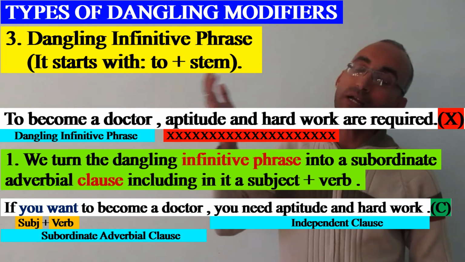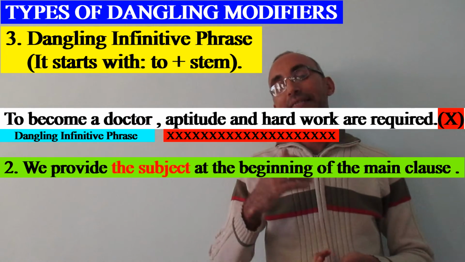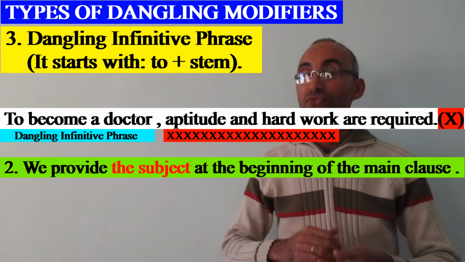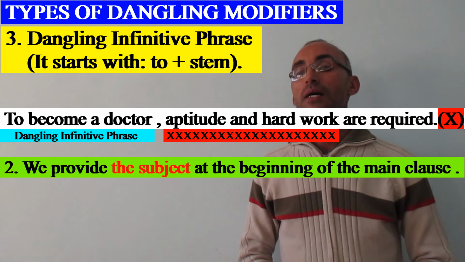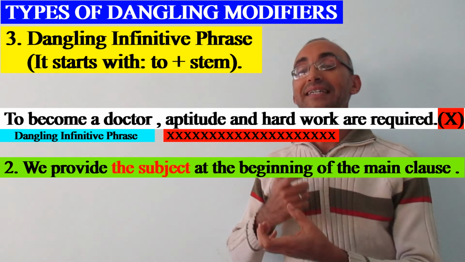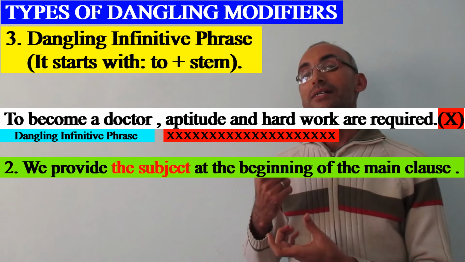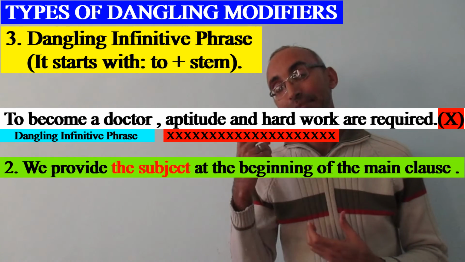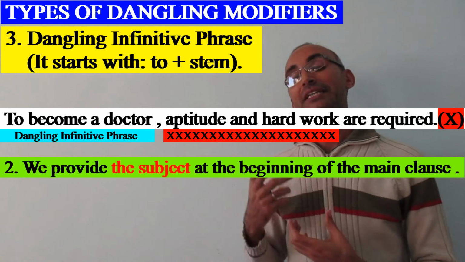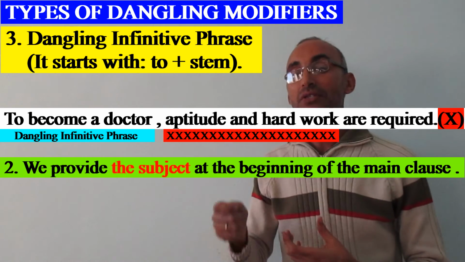The second way of correction for this dangling infinitive phrase is by providing the missing subject at the beginning of my main clause, right after the comma.